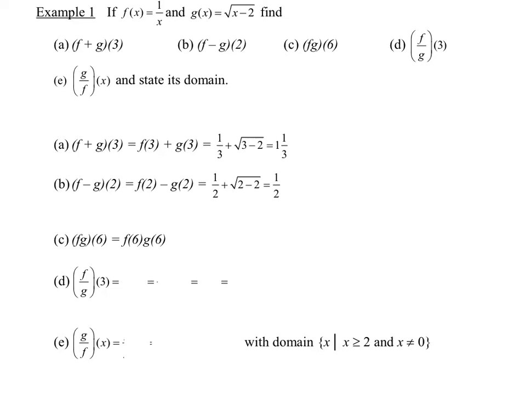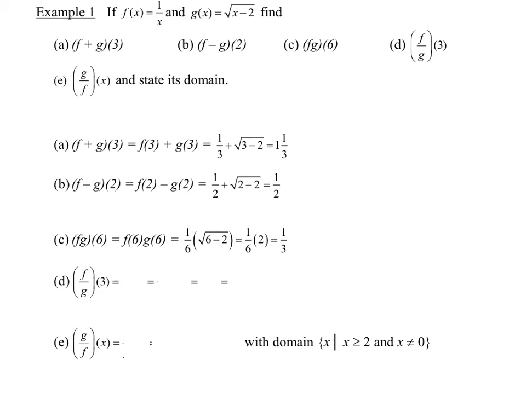When you calculate f of 6, it's going to be 1 over 6. And when you calculate g of 6, that's going to be the square root of 6 minus 2. So if you do that, what you should end up with is 1/6 times the square root of 6 minus 2. And if you do that calculation, what you'll end up with after that should be 1/3.